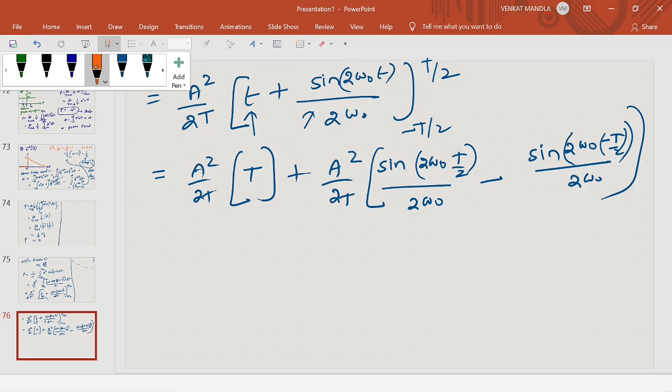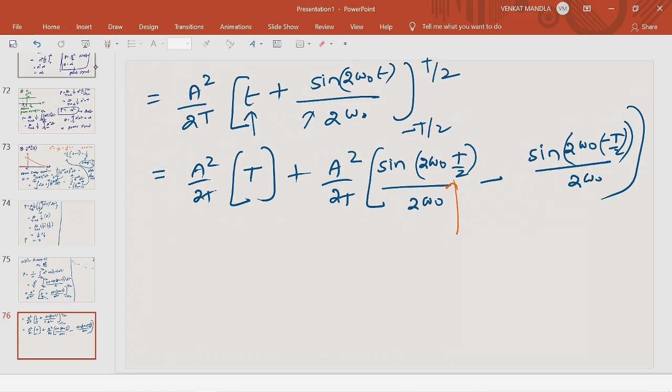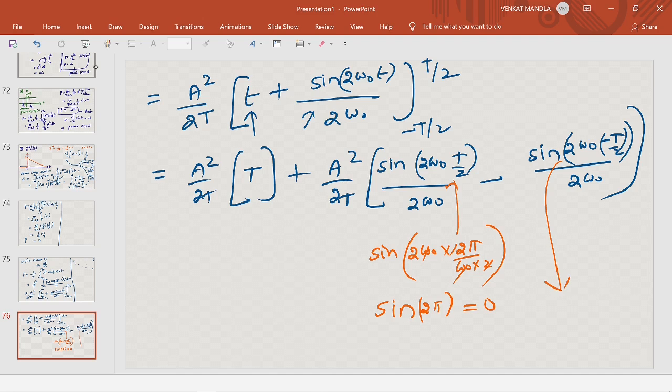So what is this value? Sin of 2 omega naught into T is 2 pi by omega naught into 2, so omega naught cancels, and we get sin 2 pi, and sin 2 pi is 0. Here also we get sin of minus 2 pi, which is 0.